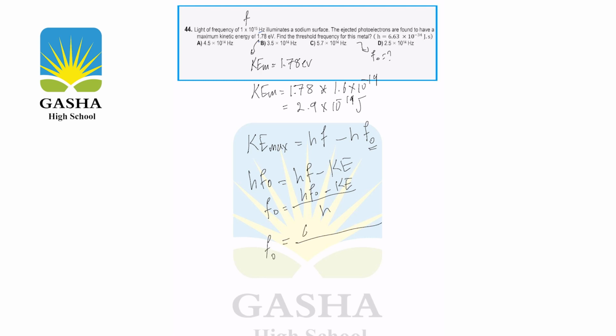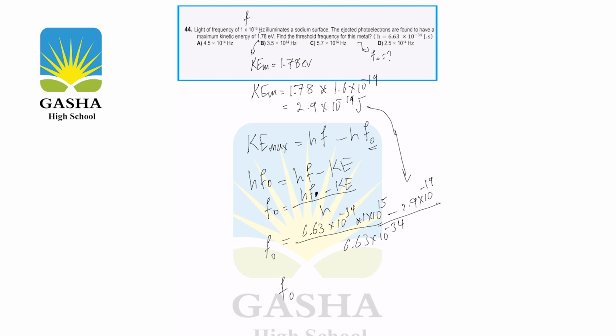H is 6.63 times 10 to the power negative 34, times, sorry, not F naught, HF, that's the energy of light, 1 times 10 to the power 15, minus the maximum kinetic energy, which we already found, 2.9 times 10 to the power negative 19, divided by Planck constant.